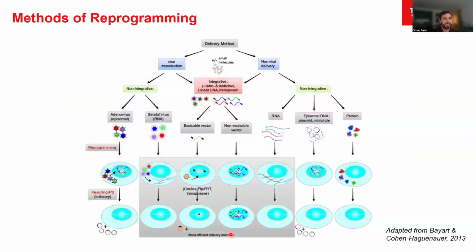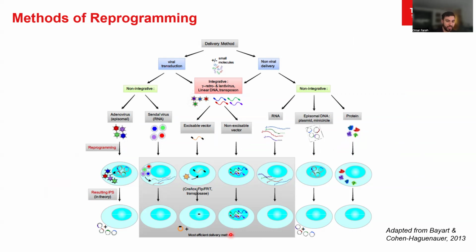So, at its essence, reprogramming is basically, if you can get cells, mainly dividing proliferative cells, to express those four reprogramming factors, or as they're more commonly called, Yamanaka factors, you can get the cells to start that signaling cascade process by which they can become induced pluripotent stem cells.